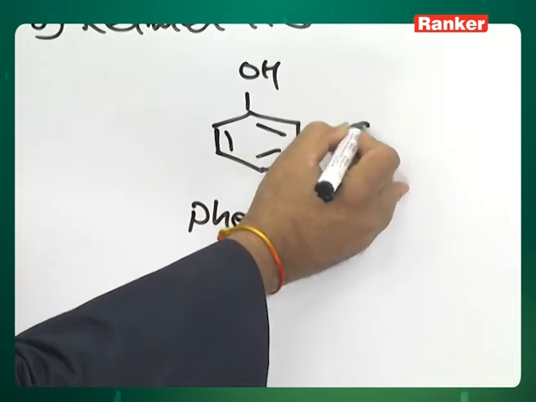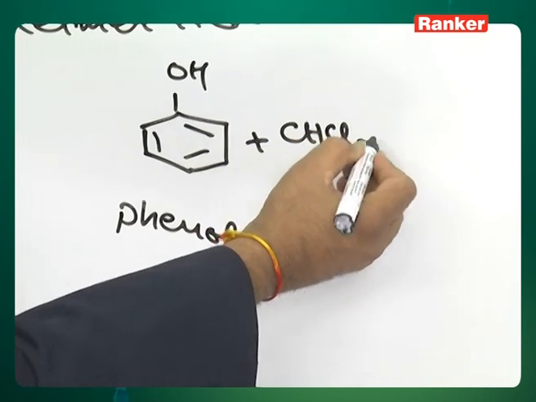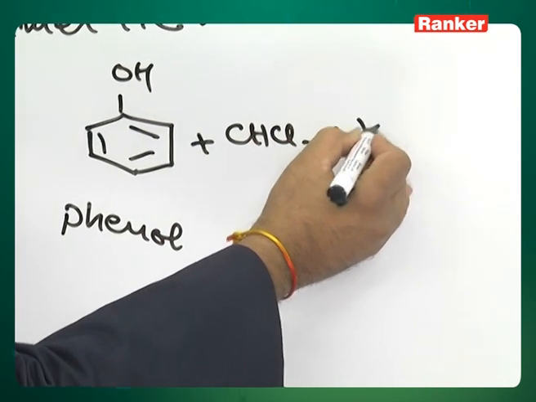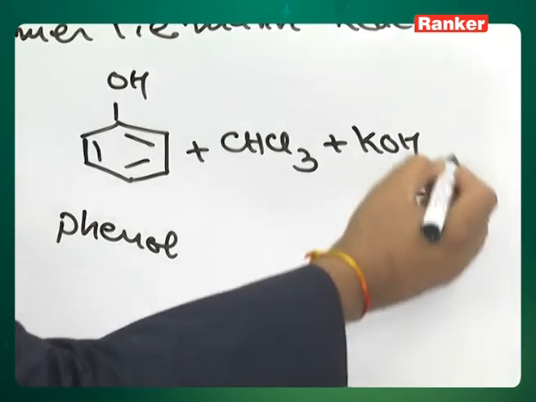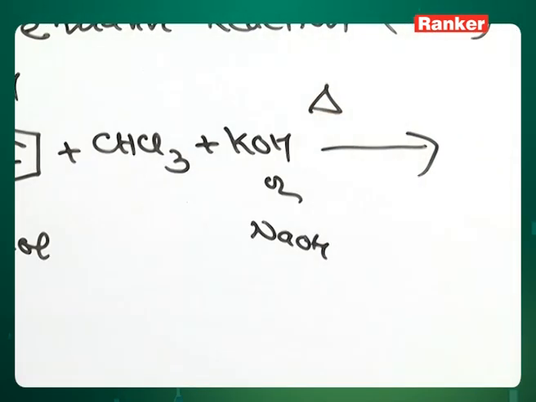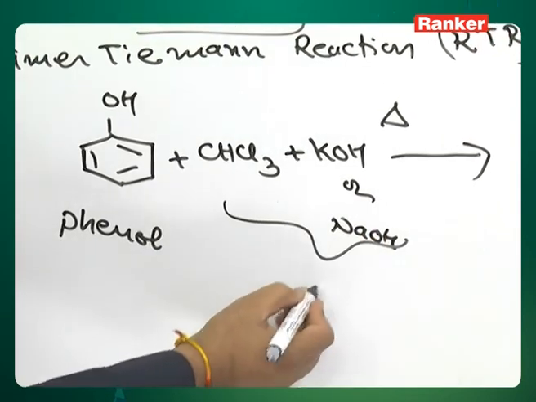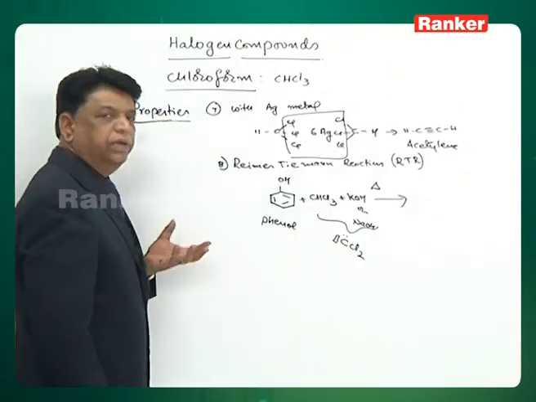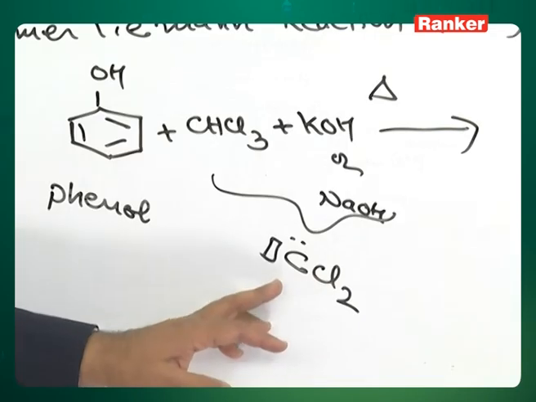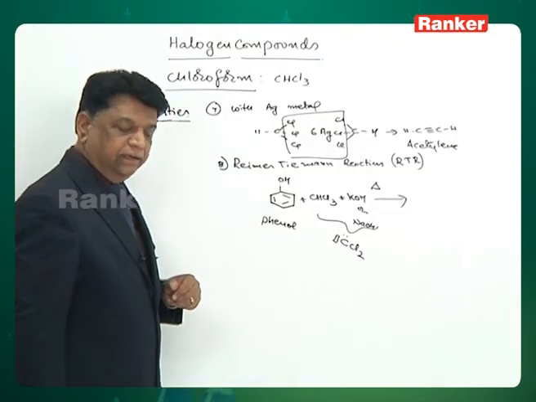Phenol reacts with chloroform, CHCl3, in the presence of KOH or NaOH. You can take NaOH also. Boil for some time. These two generate a species called CCl2, dichlorocarbene, which is the electrophile that attacks the phenol.